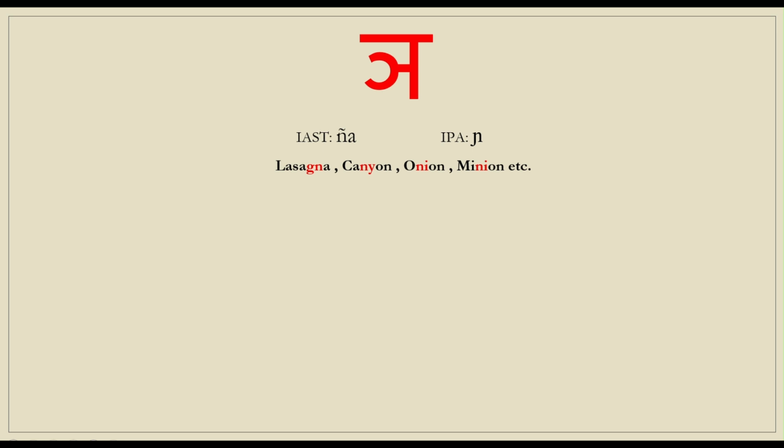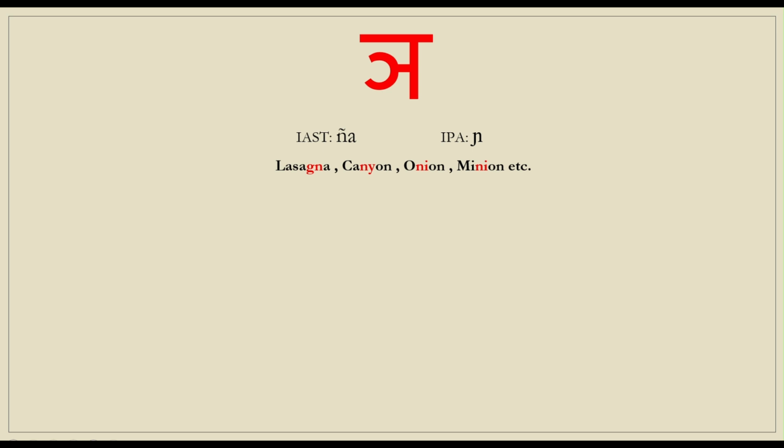So you will always see in IAST this consonant being represented by n having a tilde above it, and you will never see it followed by a schwa because it is not an independent consonant. It's just there to connect two consonants, or to be in between two consonants, right?